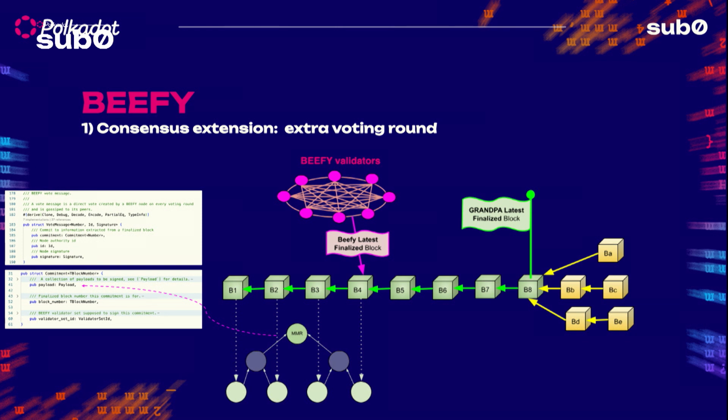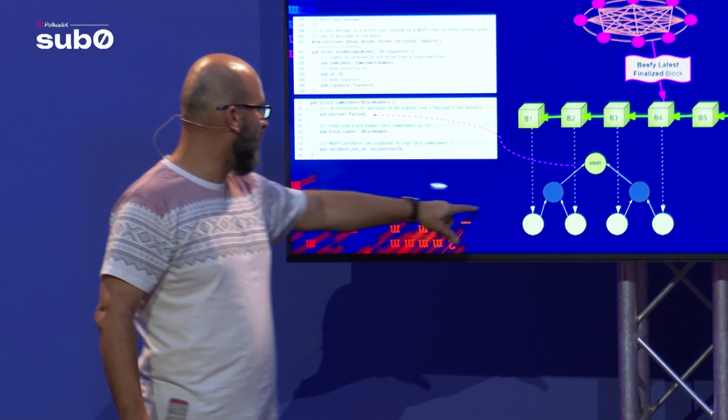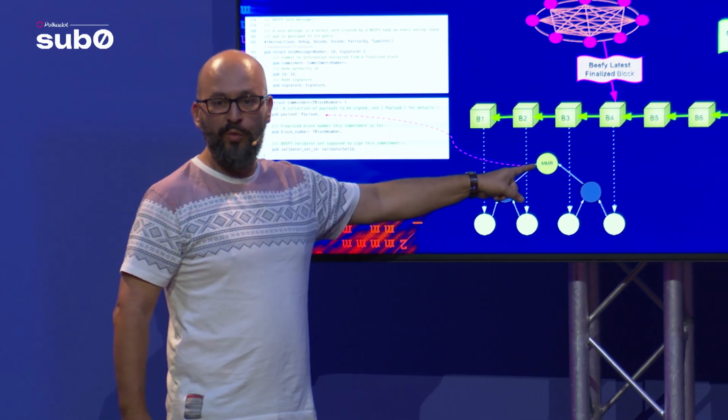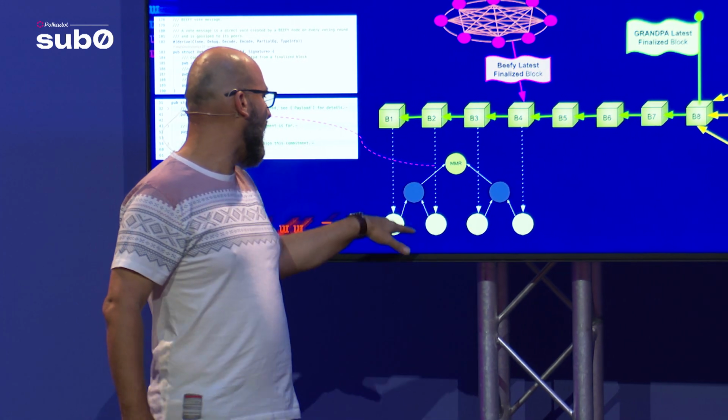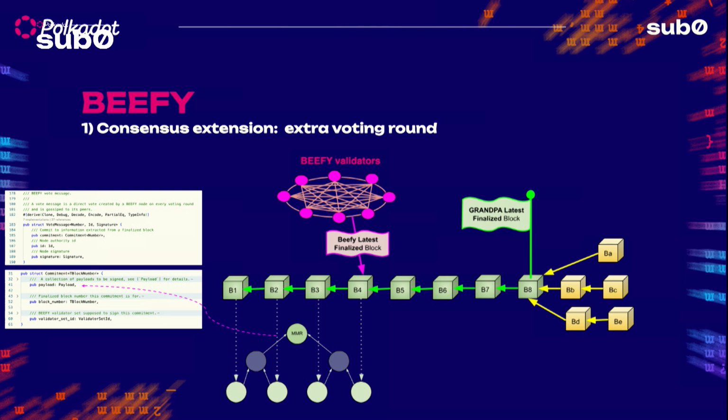In practice, what the BEEFY validators are actually doing is voting for the MMR root of the blocks. The MMR root that proves the blocks that were already finalized up to this point, right?